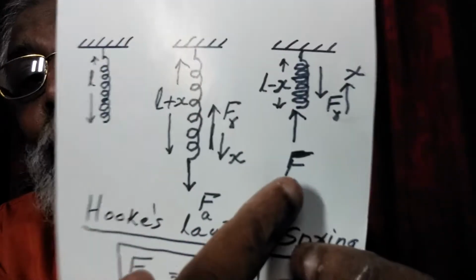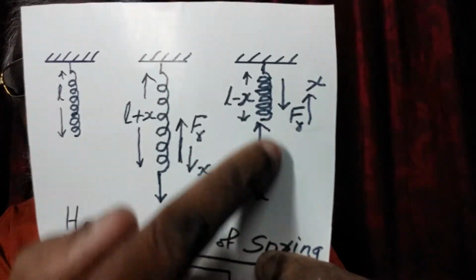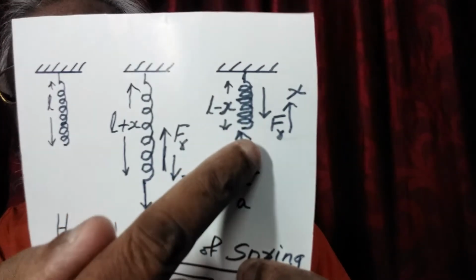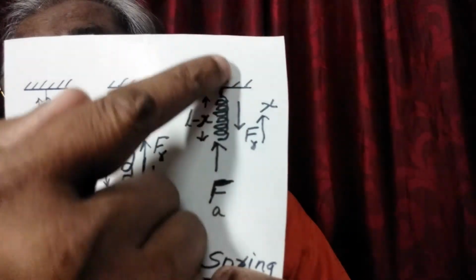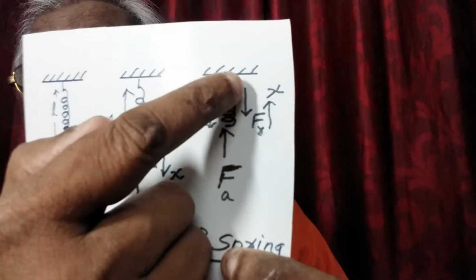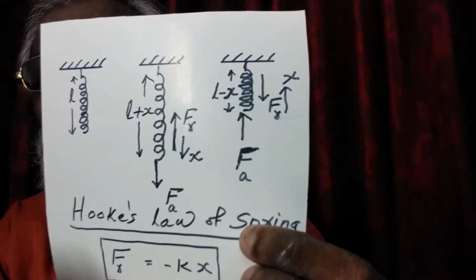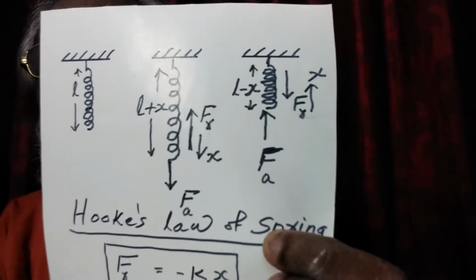Likewise, suppose the applied force Fa compresses the spring by the same amount x. Now x is in the upward direction. Now the length of the spring is reduced to L minus x, and the restoring force now tends to elongate the spring to its original length.